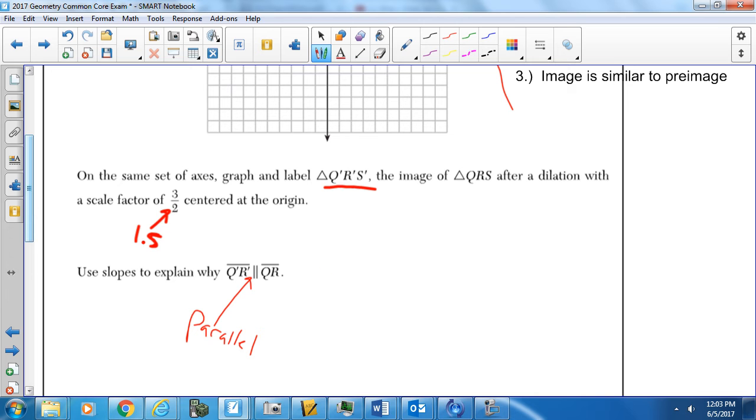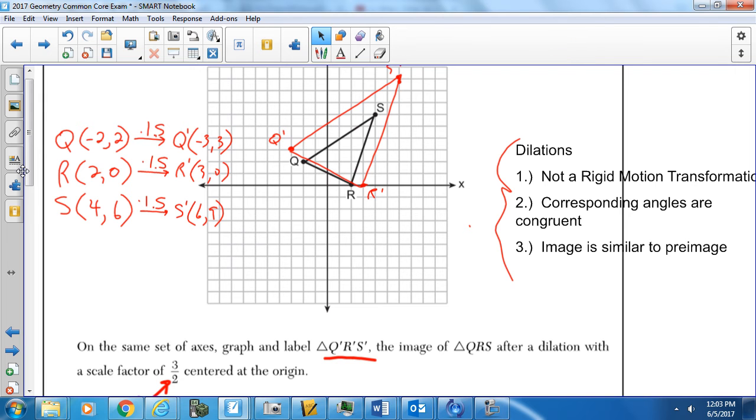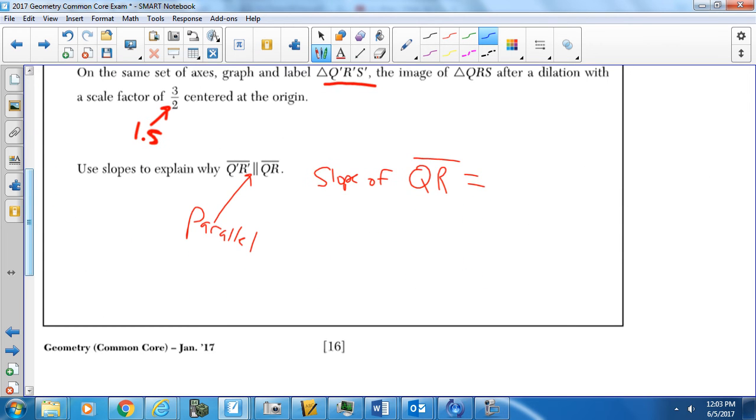So, slope of QR is equal to, all right, so I'm just going to, in blue, do the slope of QR. It's negative because it's going down from left to the right. So the rise is going to be negative 2, run is going to be 4. So our slope is going to be negative 2 over 4, which is also negative 1 over 2.